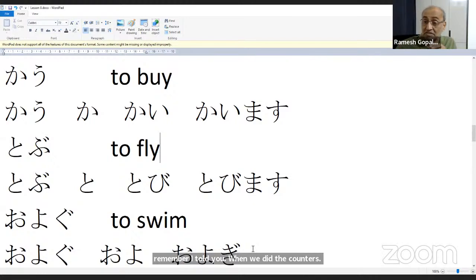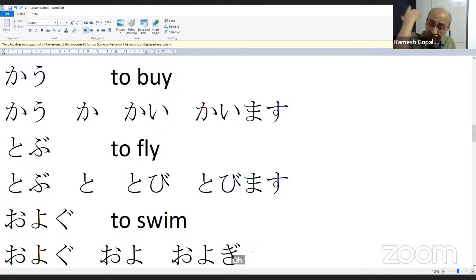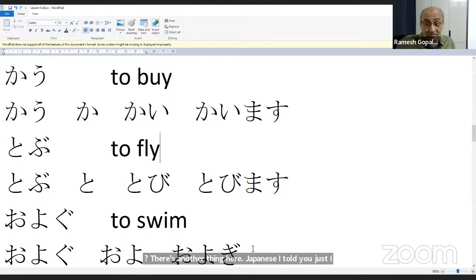You have one word meaning two or three things. So one word is this, tobu. Tobu can mean jump also, can mean fly also, can mean leap also. So I told you about the rabbit flying, leaping, jumping.